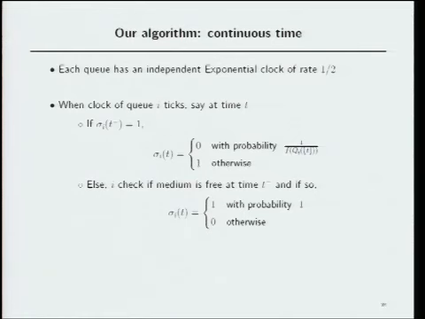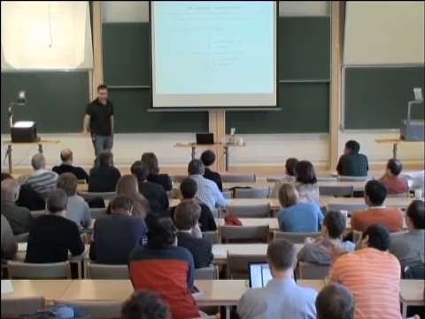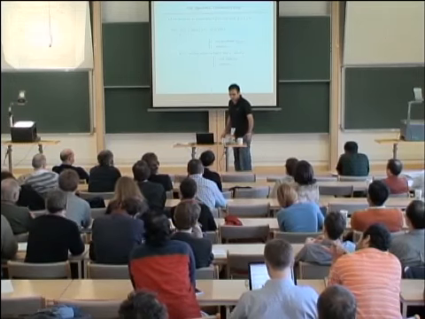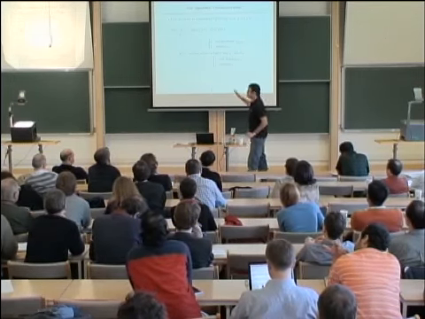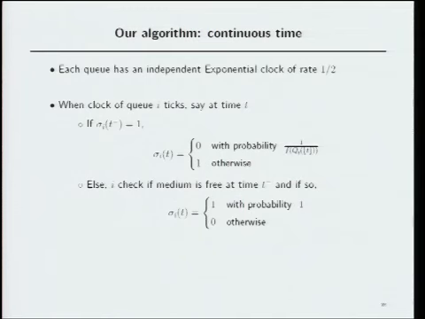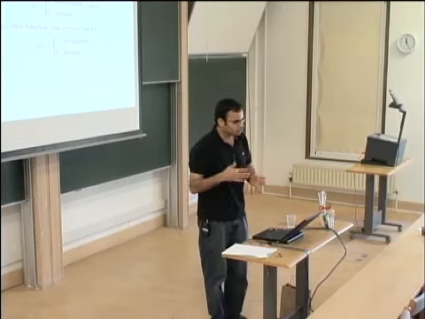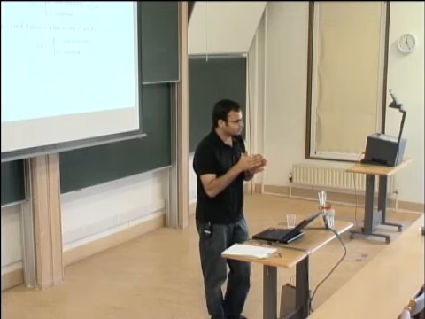I'll come to the discrete part later, but I just want to start with this description. Suppose you were not transmitting before; then you're going to check the medium to see if it's free, and in this case you will have instantaneous feedback available. If the medium is free, you will just take it. Because of this continuous setup, there is no collision happening at the time you are choosing.